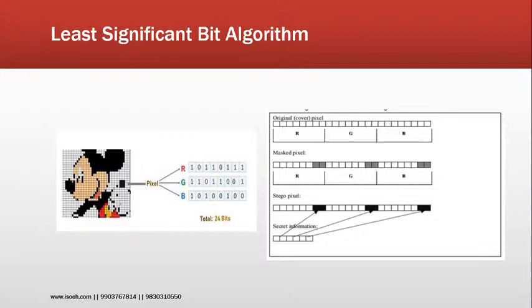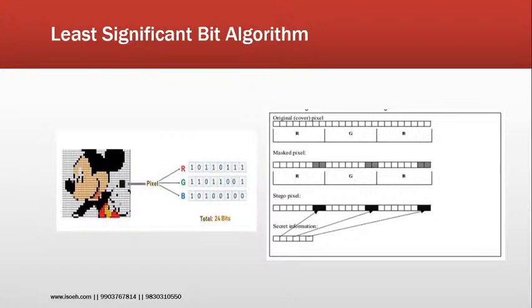So before going to elaborate the LSB algorithm, first I'm going to elaborate how a digital image is represented. Okay, so now see, suppose there is an image with the resolution of 800 cross 600.